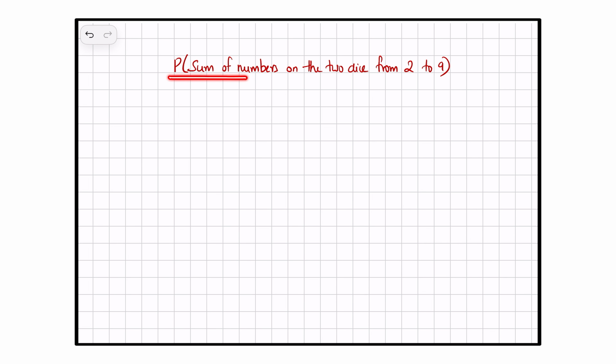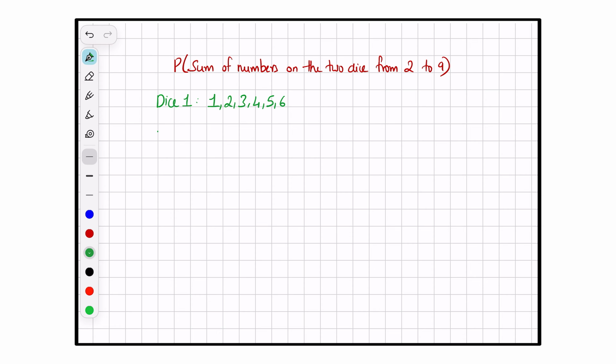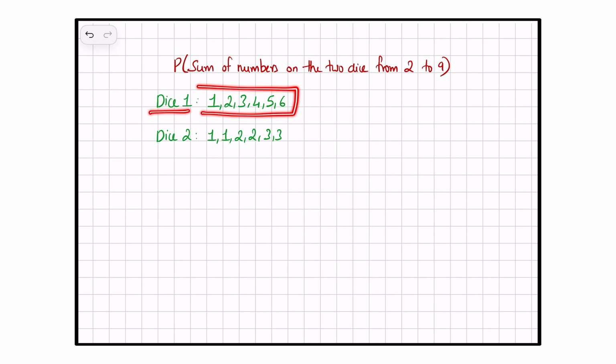In this problem there is a difference in dice 2. On dice 1 I have a regular dice, but on dice 2 I have a different set of numbers. It is going to be 2 1s, 2 2s and 2 3s.